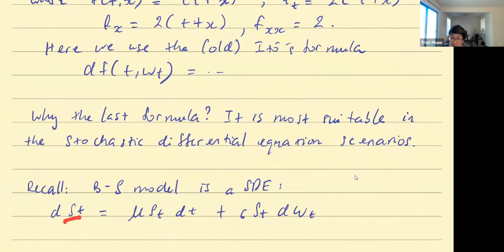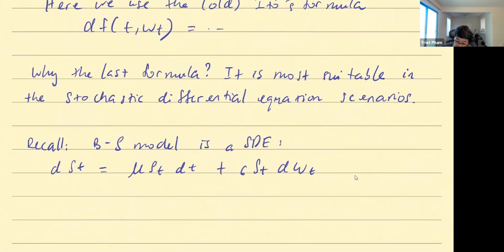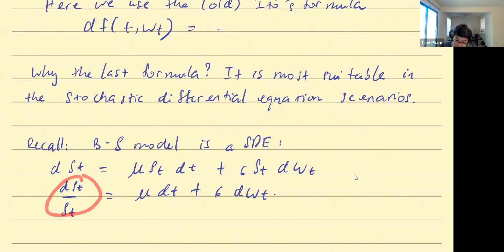The stock price itself is a mysterious object that shows up on both sides. So it's an equation, because the unknown object shows up on both sides. Of course, financially, we say this describes the percentage return, which seems to get rid of the unknown on the right-hand side by passing it down to the left-hand side. Well, that's all fine and good, except that this right here, pay attention, is not a differential.